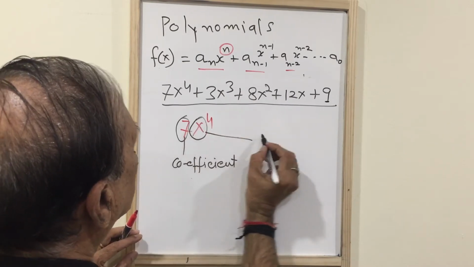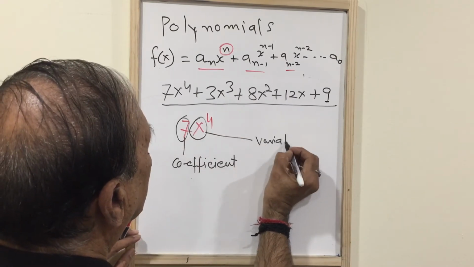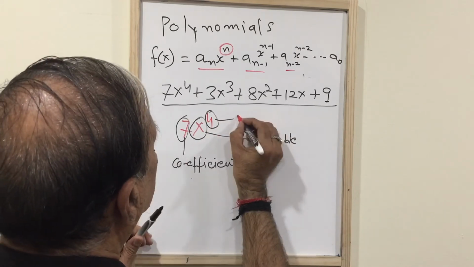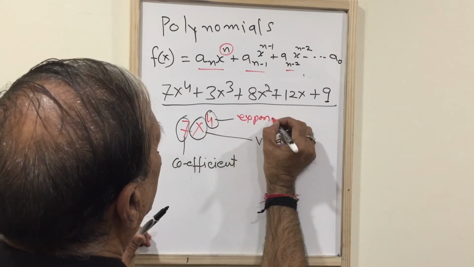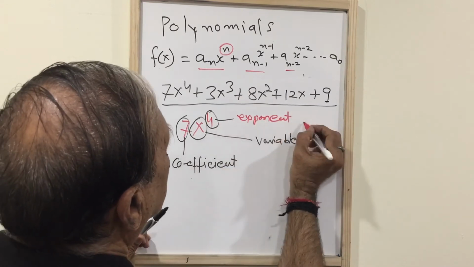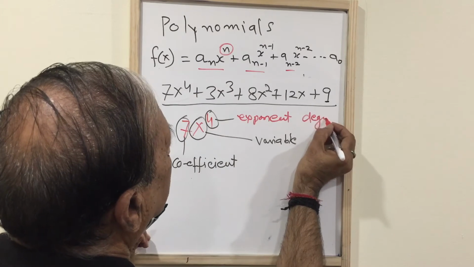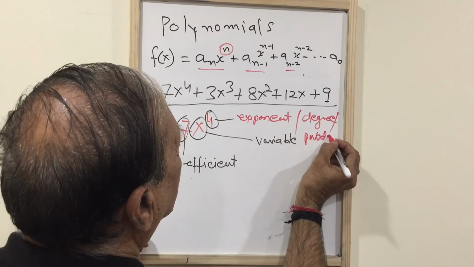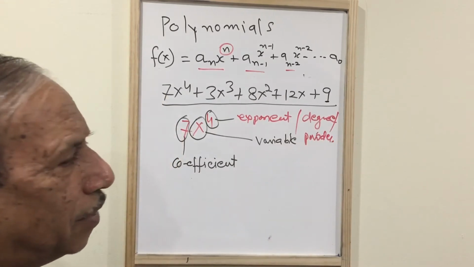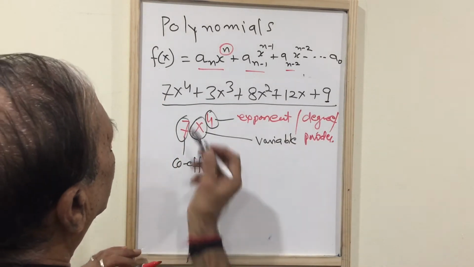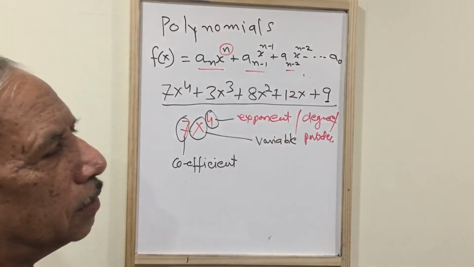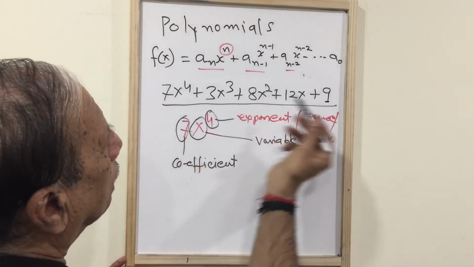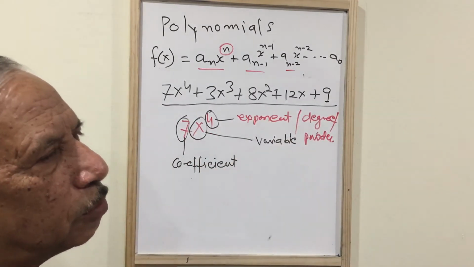This x is a variable and this 4 over here is the exponent, or you can call it the degree also or power also. So if we have to find out the degree of this polynomial, the maximum degree available in this equation is the degree of the polynomial.